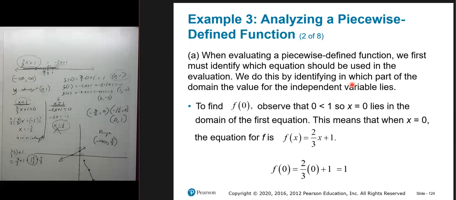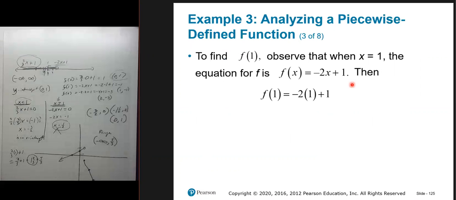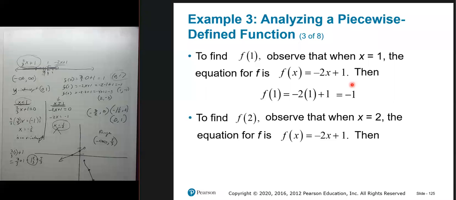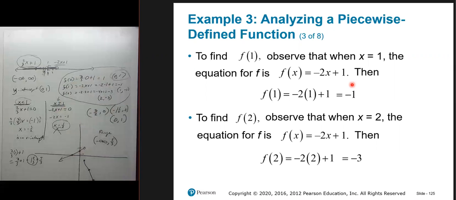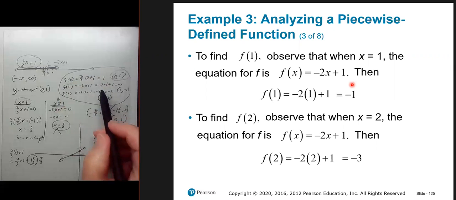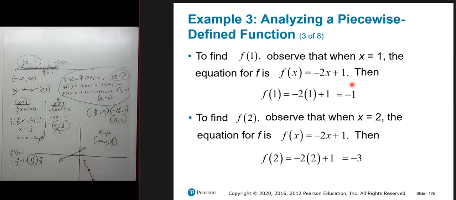And so 0 gave us 1, and 1 gave us -1, and 2 gave us -3. And that was this portion here. After somebody pointed out that I put a 0 here instead of 1, I corrected my work.